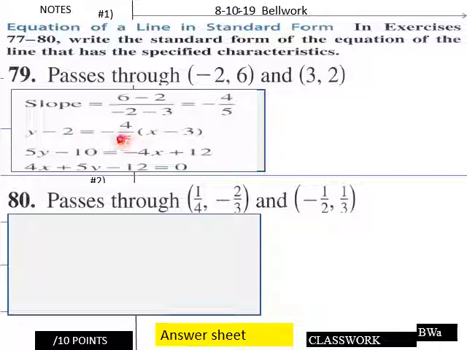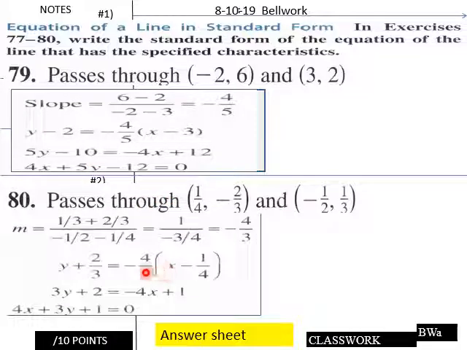We have a point and a slope, and we crank this out: y minus 2 equals negative 4 over 5 times x minus 3. We end up with 5y minus 10 equals negative 4x plus 12, and then we move everything over to the left-hand side.